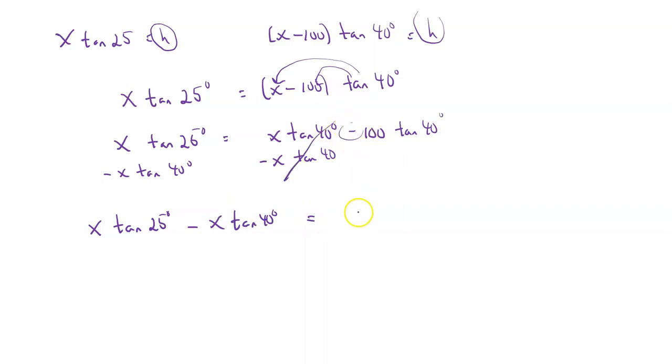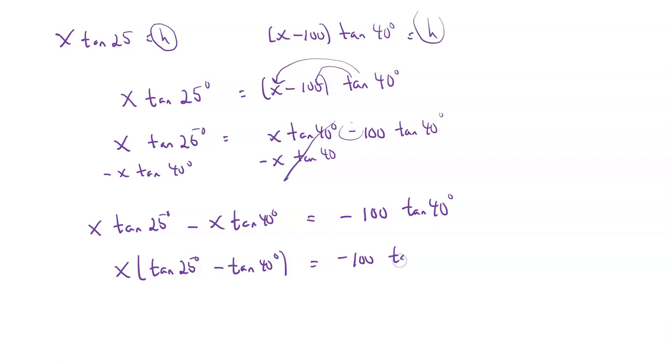There's a negative sign here. Negative 100 tan 40. All right, now if you look at what I did on the left-hand side, they both have an x. So factor out an x, and I get x times the tan of 25 degrees minus the tan of 40 degrees equals negative 100 tan of 40 degrees.